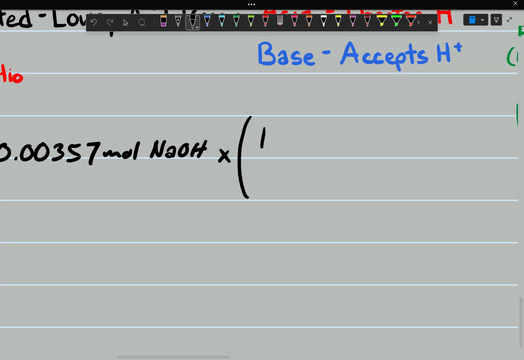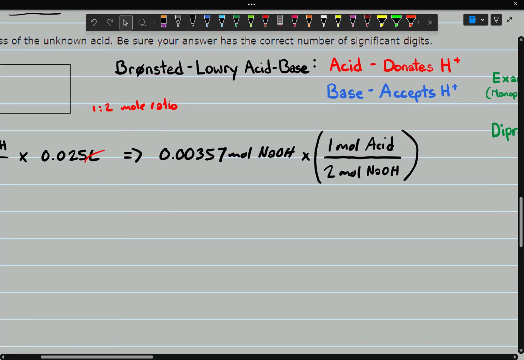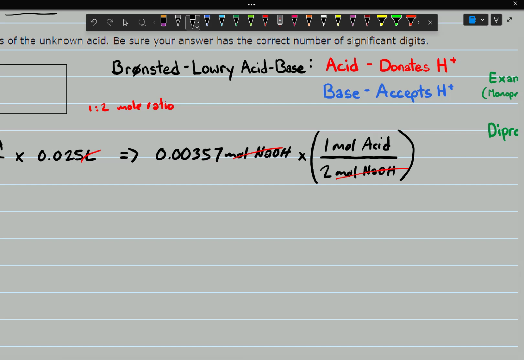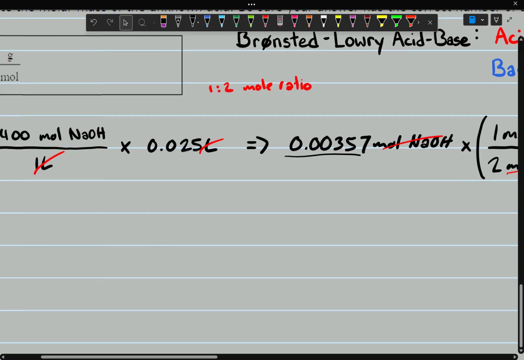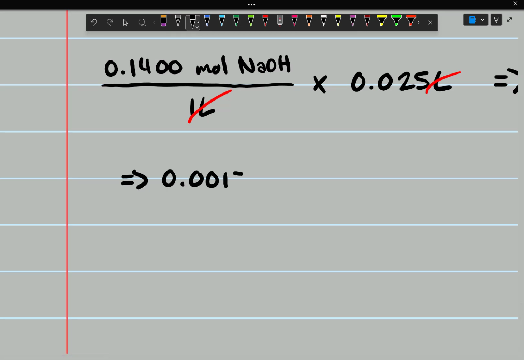So for every 1 mole of this unknown acid, we use up 2 moles of our base, which is sodium hydroxide. So the moles of sodium hydroxide will cancel, and you'll be left with our moles of sodium hydroxide divided by 2, and that will be our moles of acid used. So if you plug that into your calculator, you get 0.001785 moles of acid.